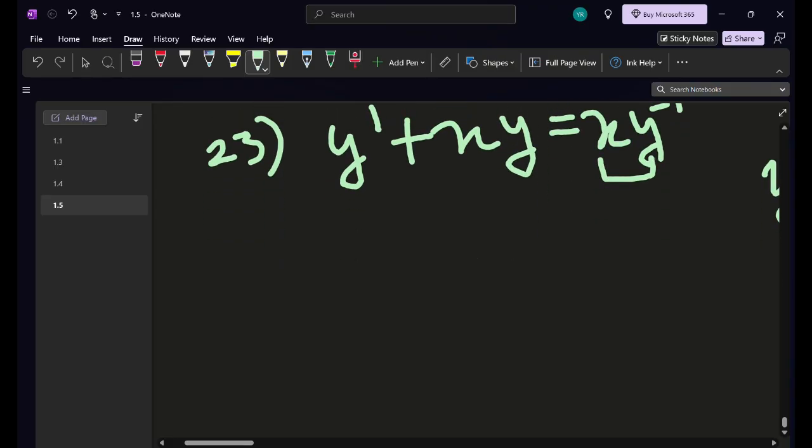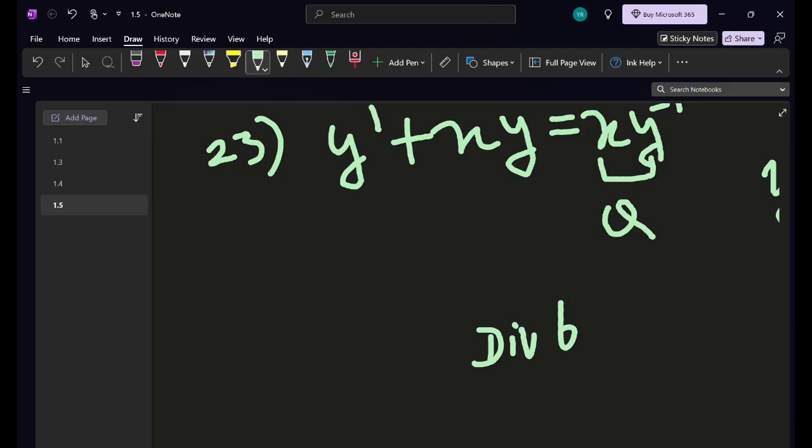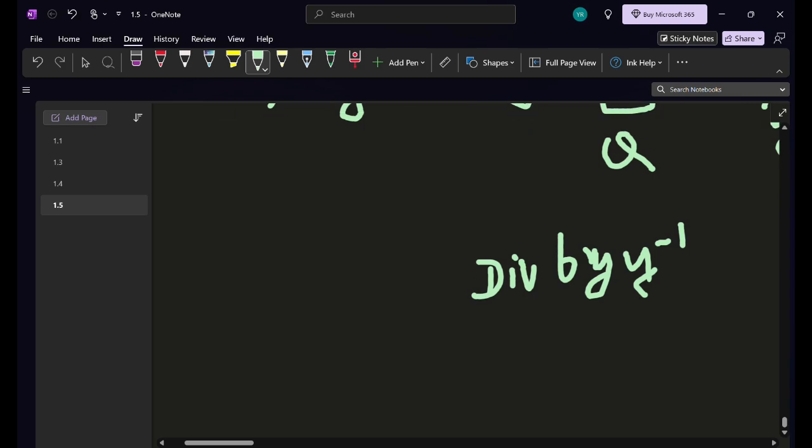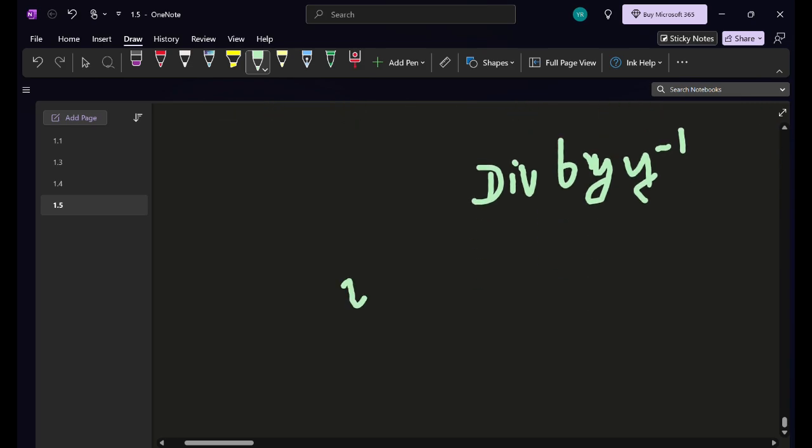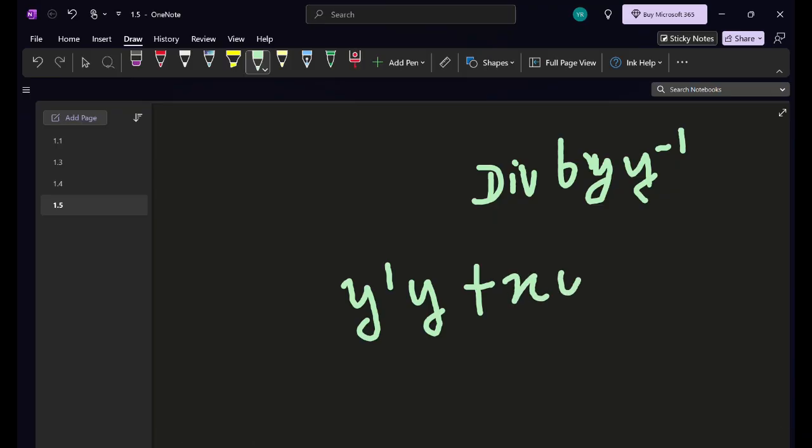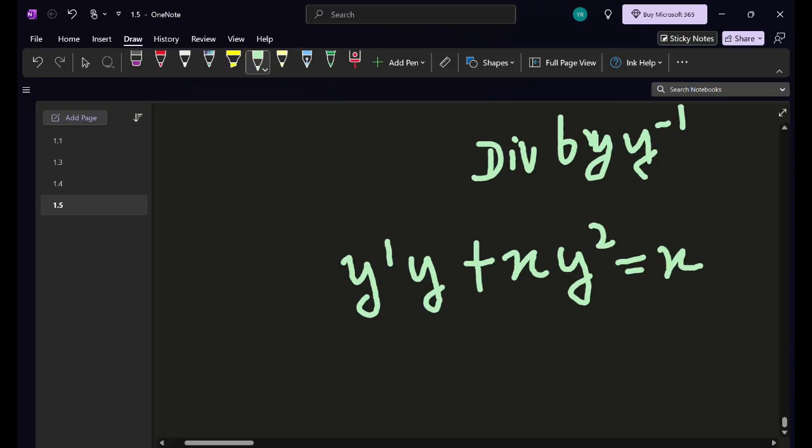This is our q. So dividing by y minus 1, we get y dash y plus x y square is equal to x.